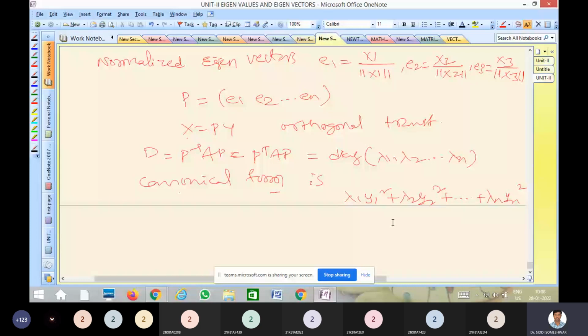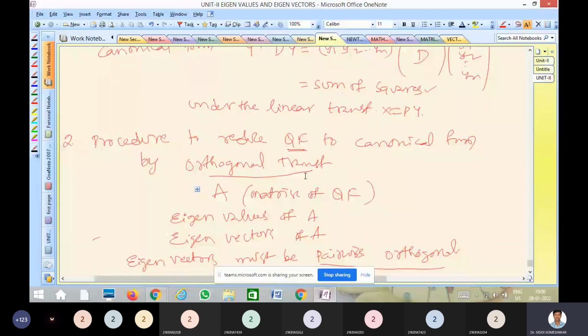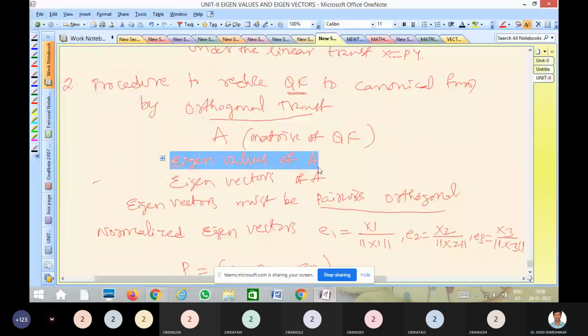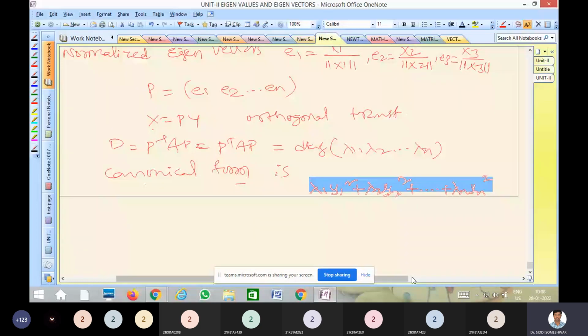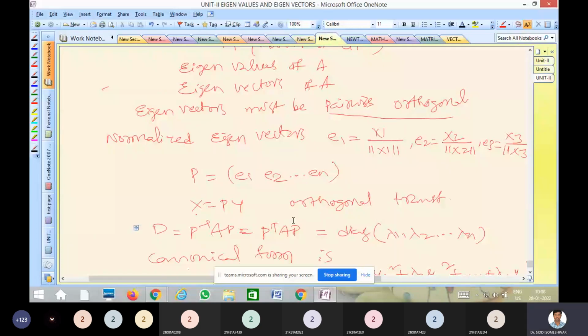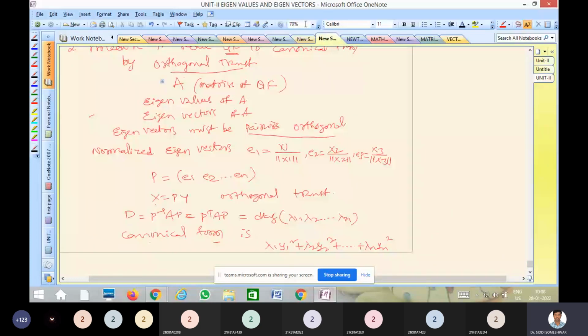If you know the eigenvalues of the given matrix, then you can write the canonical form of the given quadratic form. I hope this is clear for all of you. So this is the second method to reduce the quadratic form to canonical form.